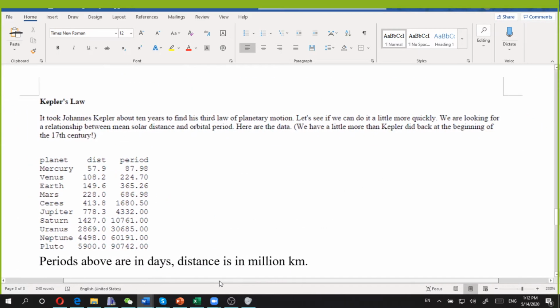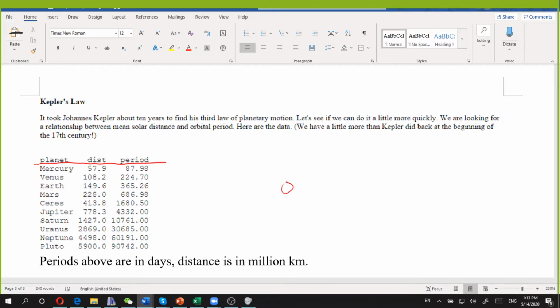Okay, so here I've got a bunch of planets. I realize this is old and Pluto's not technically a planet anymore, but I've got a bunch of planets with their distance of the semi-major axis of their orbit.